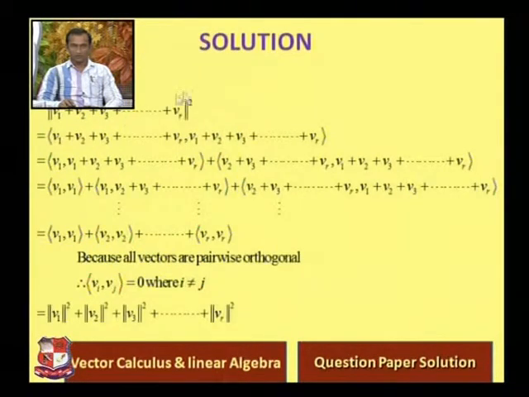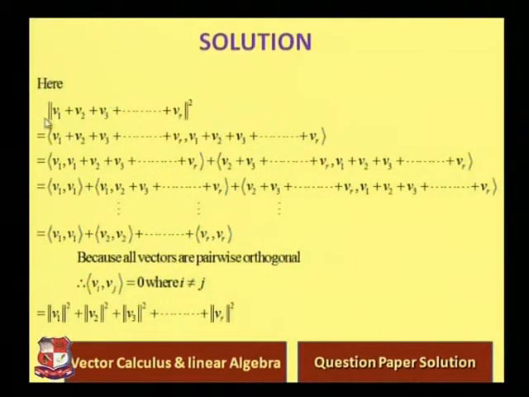Next, the solution is like this. Given the left hand side, by using inner product we write it in this form: v1 + v2 + v3 comma v1 + v2 + v3. This is the definition of norm in inner products.